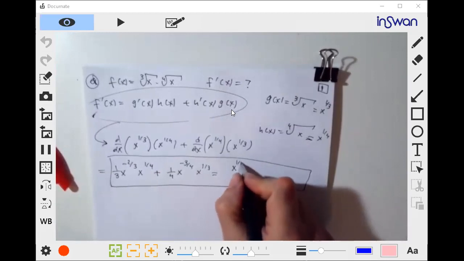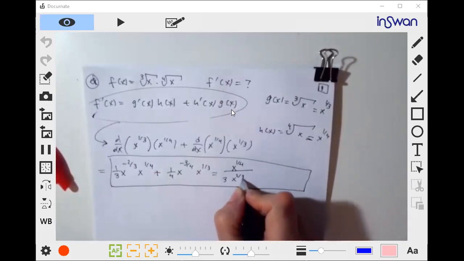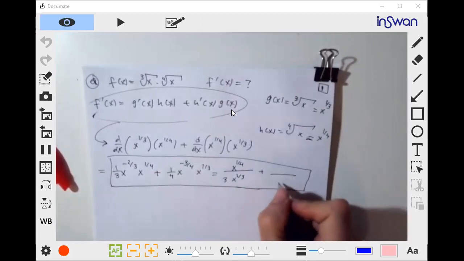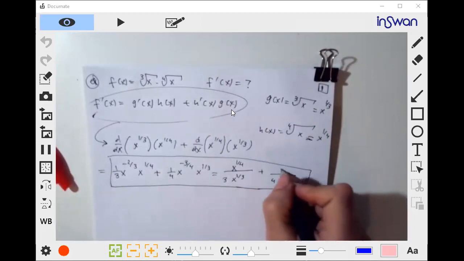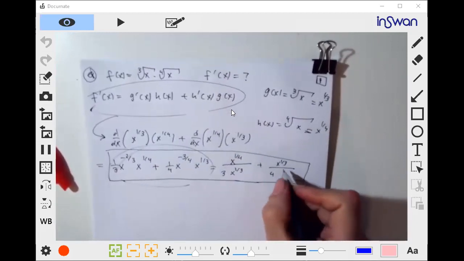This becomes x to the 1/4 all over 3 x to the 2/3 if you'd like. This is not necessary. I'll accept answers like this on any given day. But this is just to have you have some dexterity between the notation.